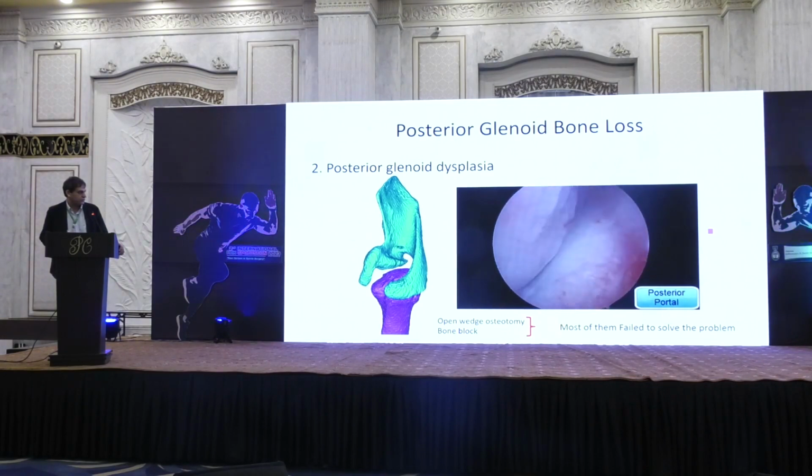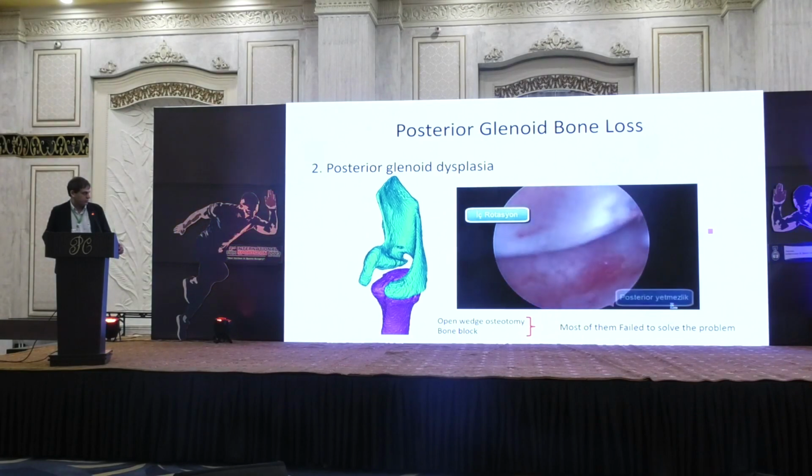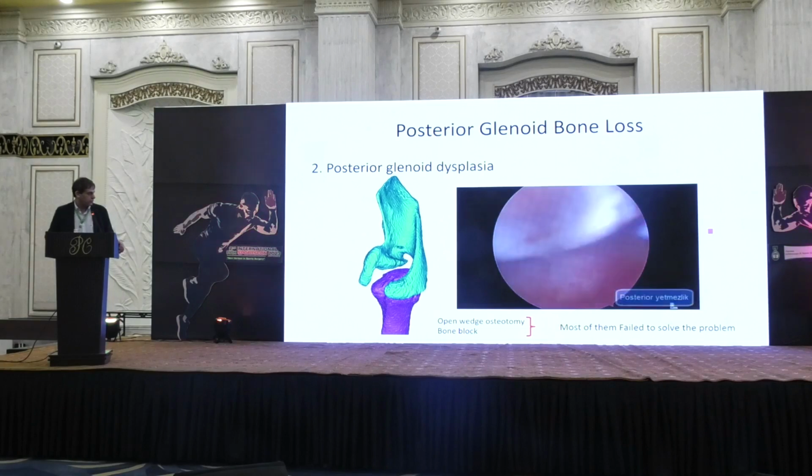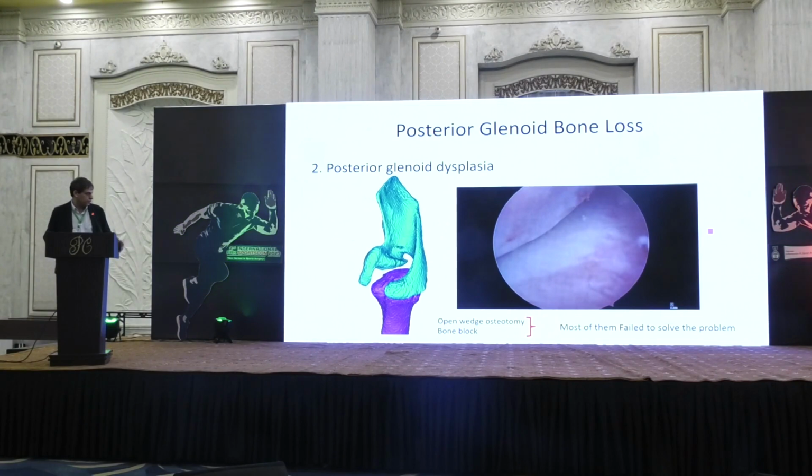There is no bony support posteriorly, and if you do an internal rotation, you can see that it goes posterior easily. How can we deal with this problem? We can do a wedge osteotomy, or you can put a bone block, but the overall results for instability caused by dysplasia are not good.